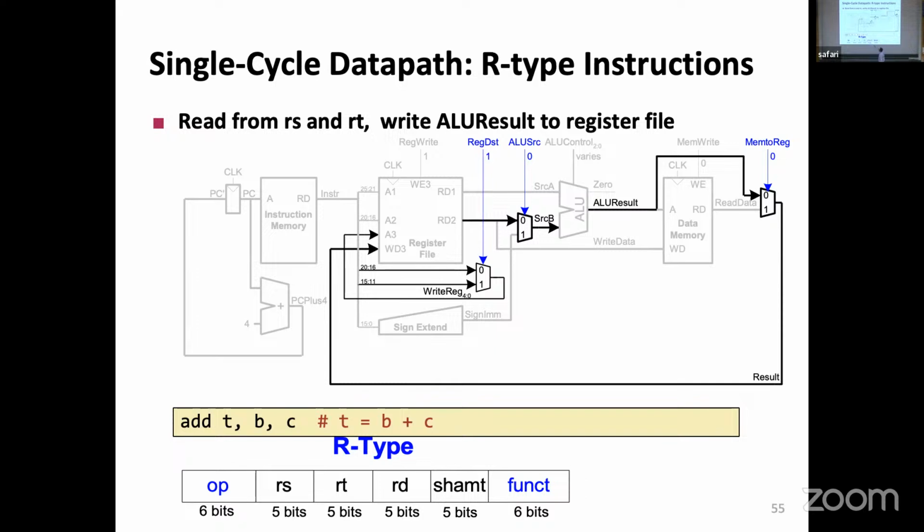Because in the previous one, the destination was here. In the R type, the destination is here. So I have 2 different options where I'm going to be writing the result back to. It's either these bits, 20 to 16, or it's these bits, 15 to 11, and I have 1 multiplexer to choose.